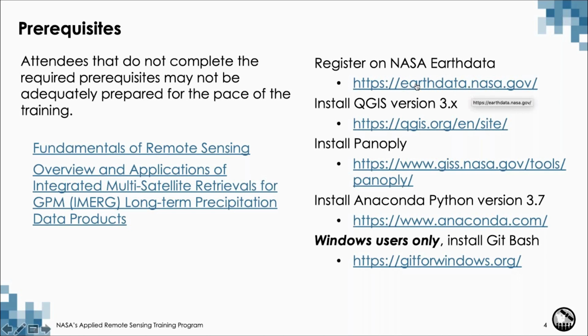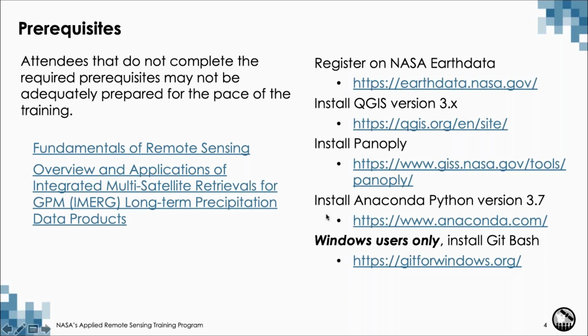It's free, but you have to have a username and password. Also, QGIS has to be installed on your computer so that you can do the exercise. Panoply is also software available from NASA GISS. This has to be installed on your computer to be able to do analysis, and this is for week 2.